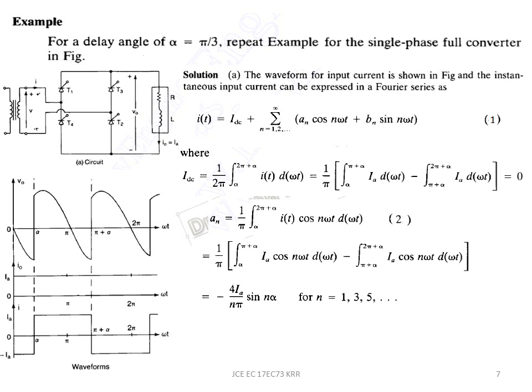This is only for the odd values of the harmonics, n equal to 1, 3, 5. If I substitute even values for n, that is 2, 4, obviously this term will become 0. So this will be the value for an, which I need to substitute here. Similarly, I'll have to evaluate the value of bn.